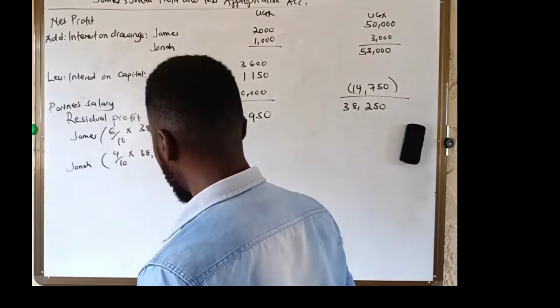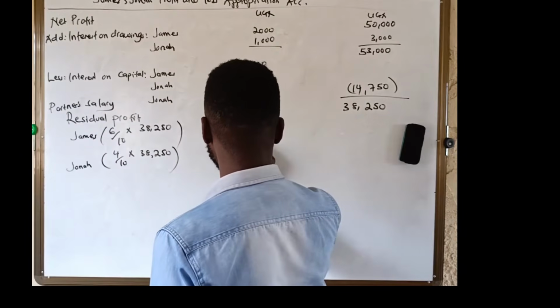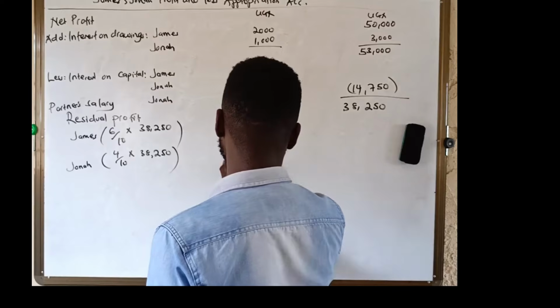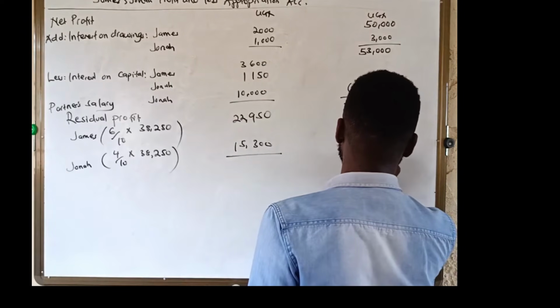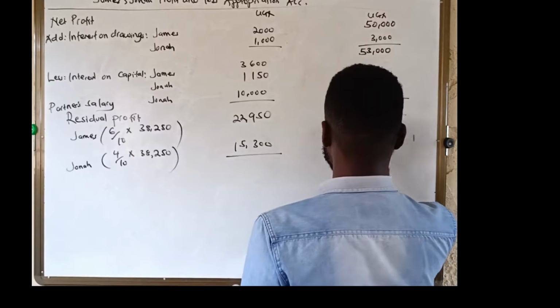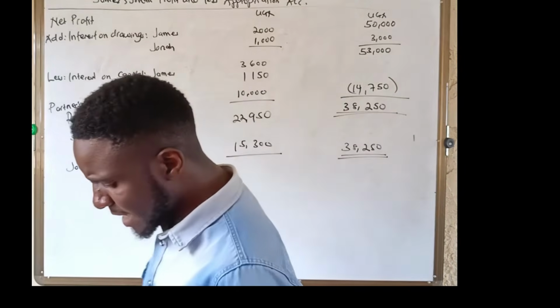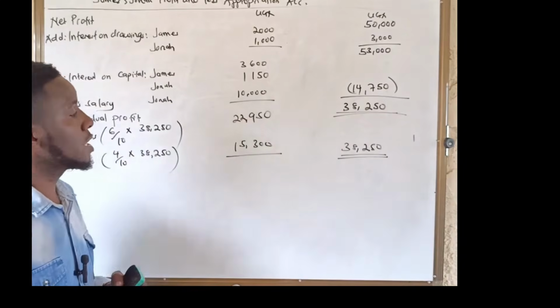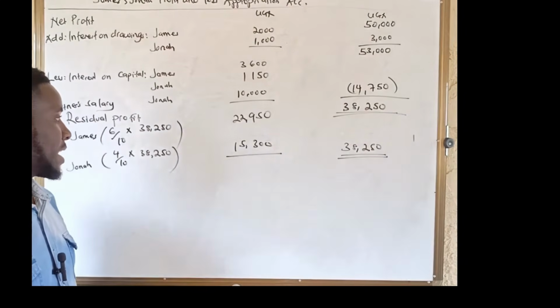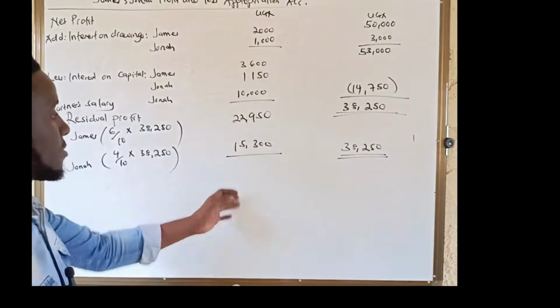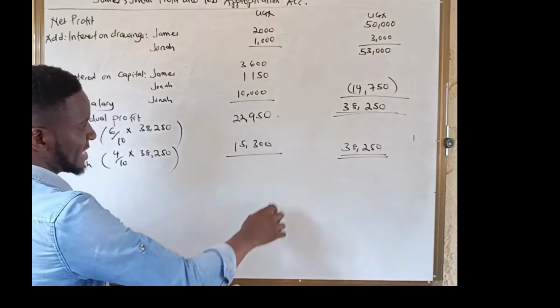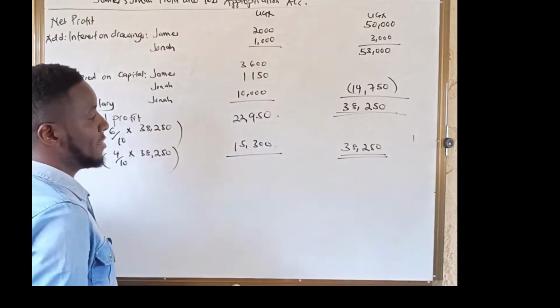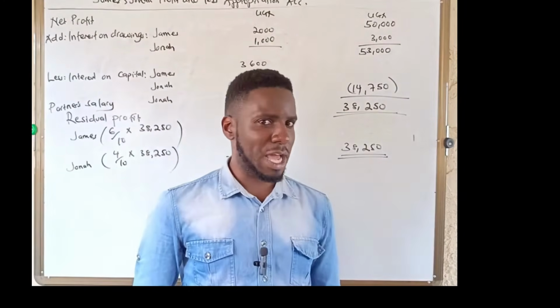That's what we have, and we shall have 15,300. So when we add this together, we shall actually get 38,250. So that is all about the profit and loss appropriation account. So this is the amount of money James received, and this is the amount of money Jonah received. Now we are done with the appropriation account.